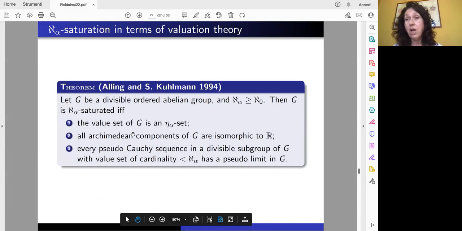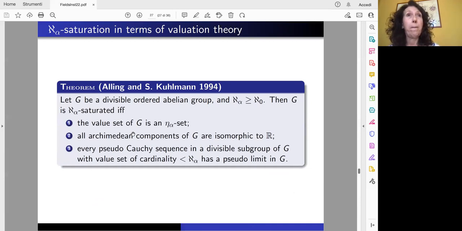As I said before, expressing properties in terms of valuation theory helps to construct many models, characterizes properties in a different way, and gives a way of constructing models.